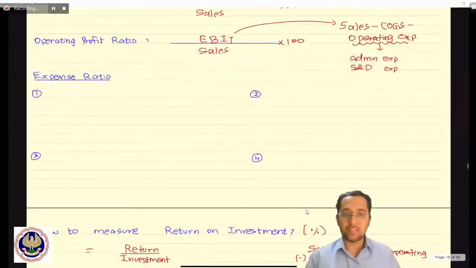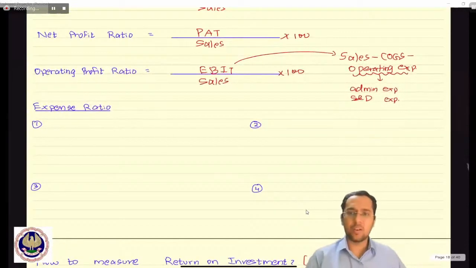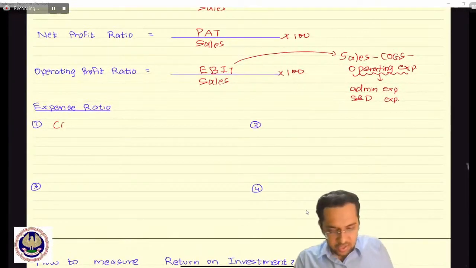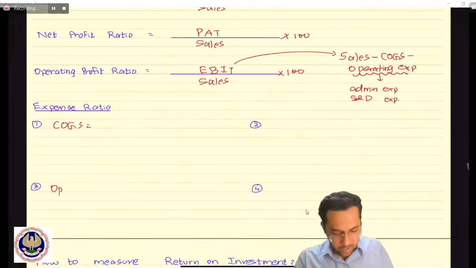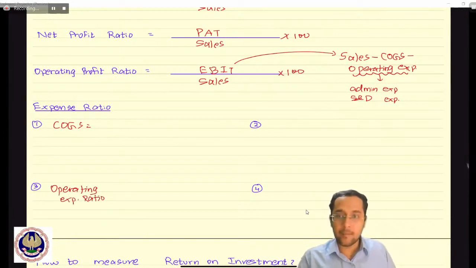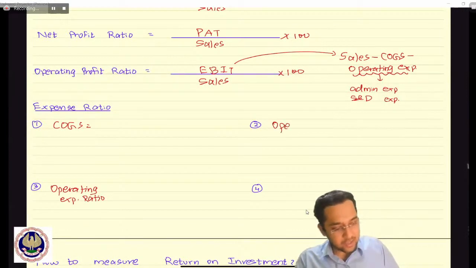Now, expense ratios. Some of the simple expense ratios. One is our COGS ratio. Then you have operating expense ratio. Then you have operating ratio.